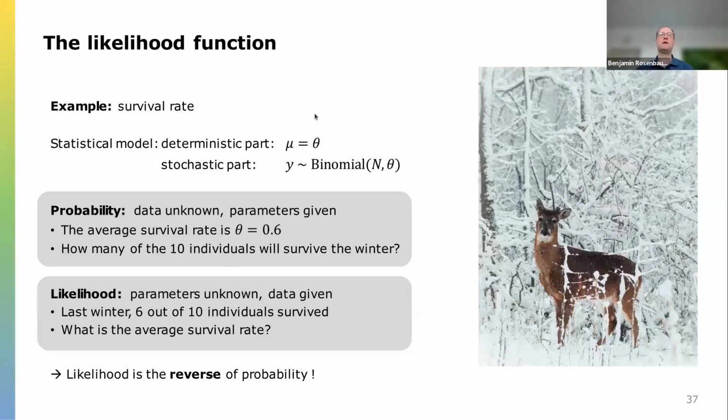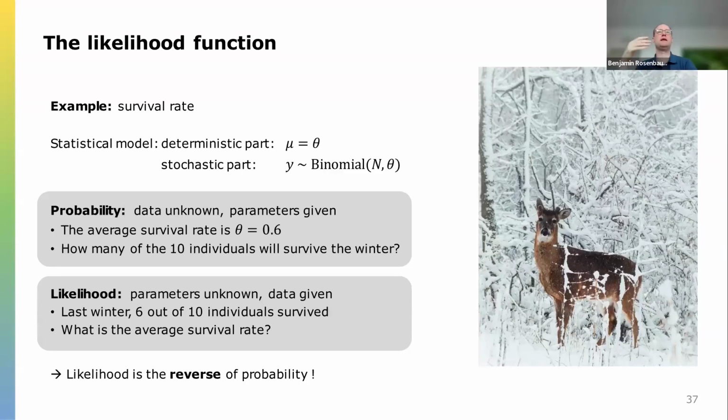Now we use the same thing here in a different way with a different question. Now the parameters are unknown, but the data is given. And this is the case we usually have in statistical modeling, right? The data is already observed.